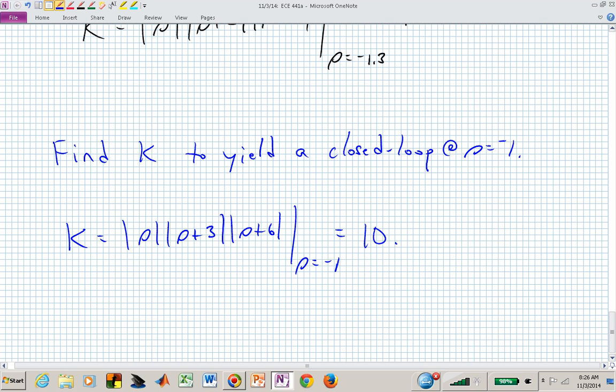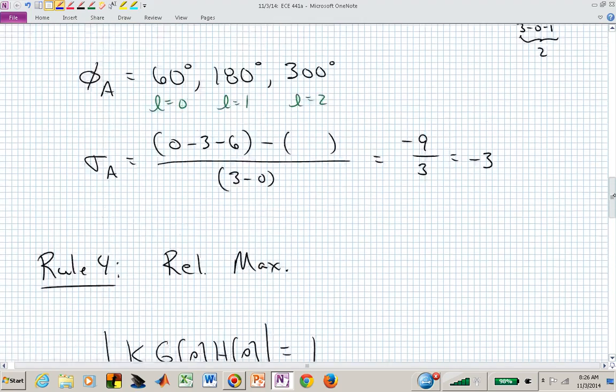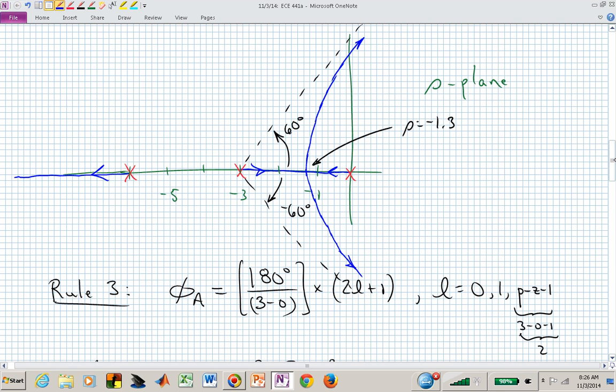Where's your other pole or poles? Roughly. We know that we're leaving the origin and approaching minus 1.3. We've now cranked up the gain to 10.